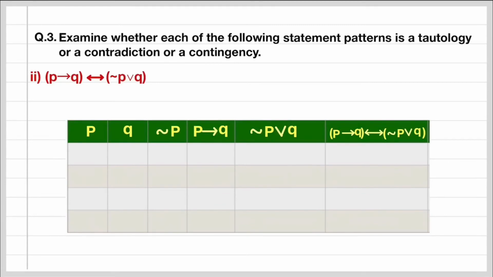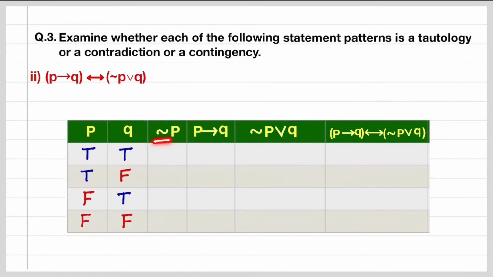For P, we have to take the first 2 values true and the last 2 values false. And for Q, 1T, 1F. Repeat it.